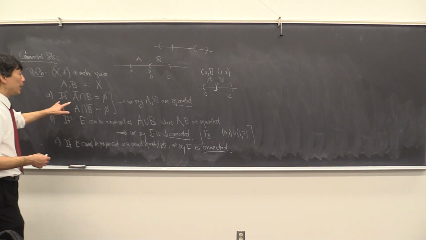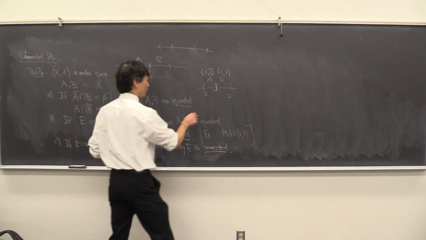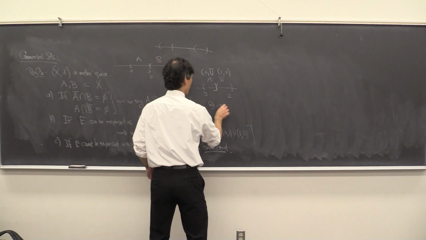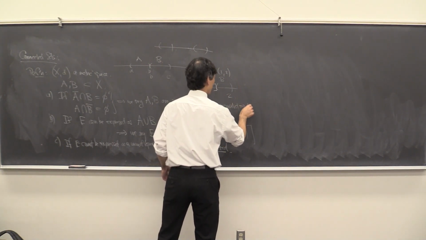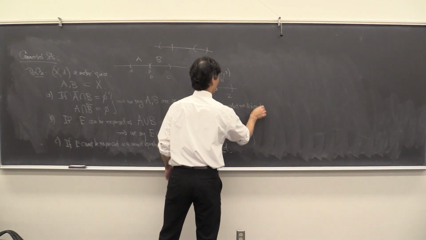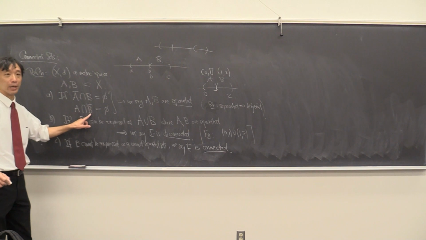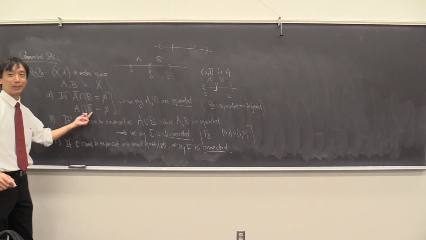Notice that if sets are separated, then they're definitely disjoint. So, remark: separated definitely implies disjoint, because A intersect the other one's closure is empty, so A intersect B is empty.